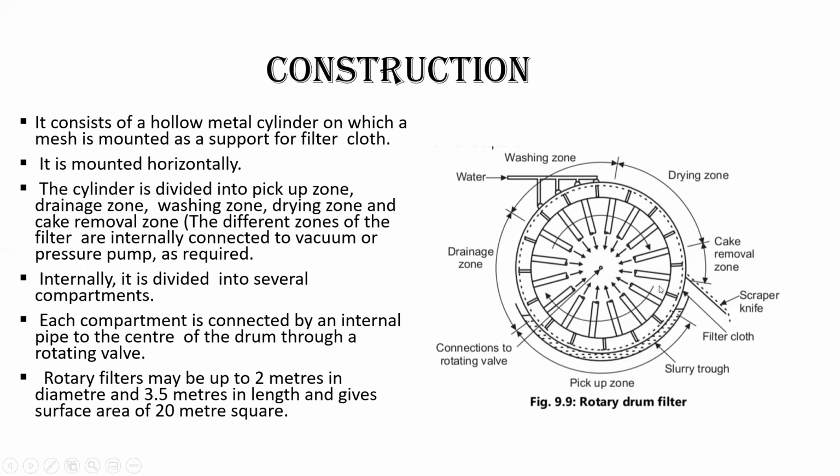This is a rotary drum filter, which consists of a hollow metal cylinder on which a mesh is mounted, and this mesh supports the filter cloth. The mesh is mounted horizontally.